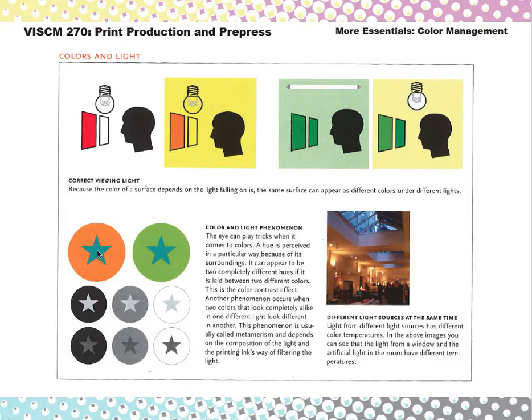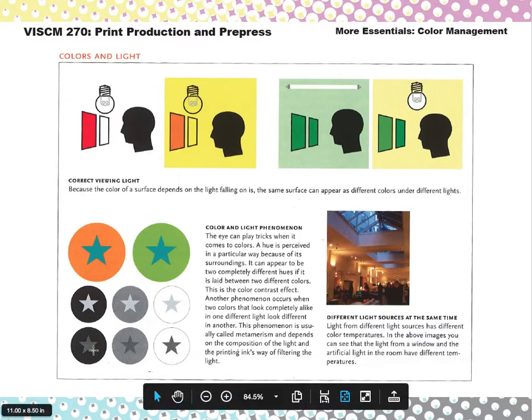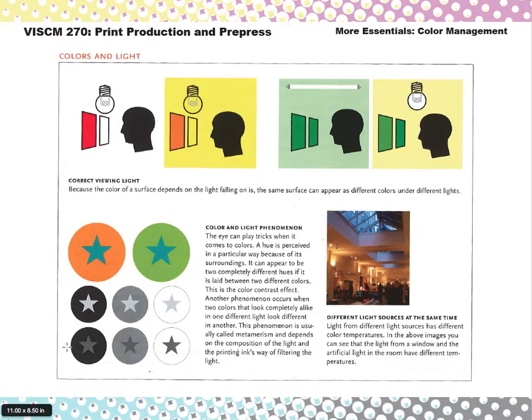So for instance, these blue stars here are the same color blue, but they look different because of the surrounding color. And the same goes with these gray stars here. They're the same value of gray for these three and for these three, but they look different because of the colors that are around them.